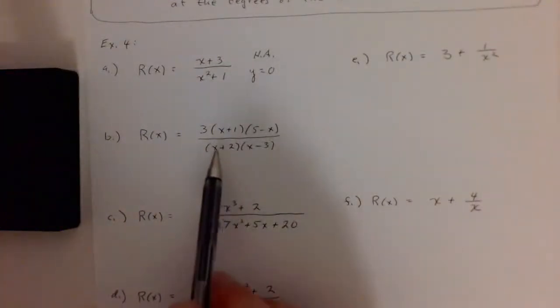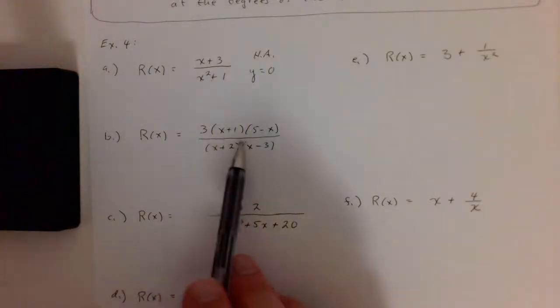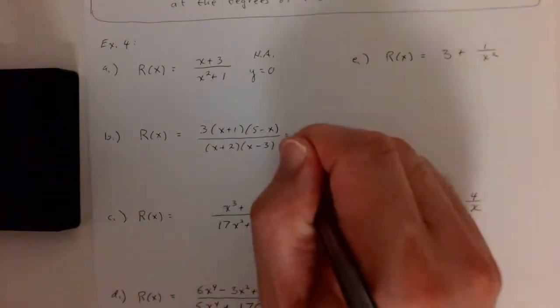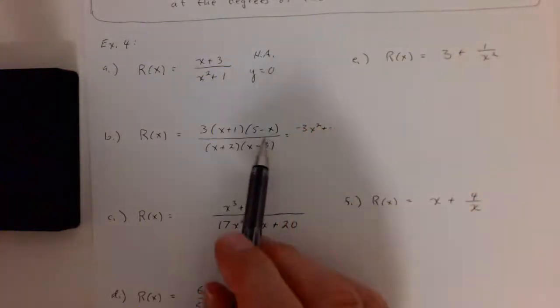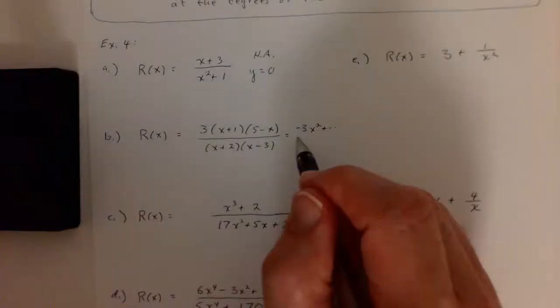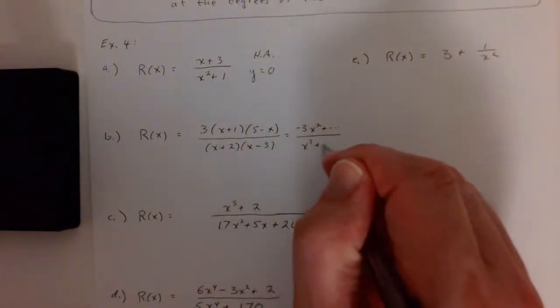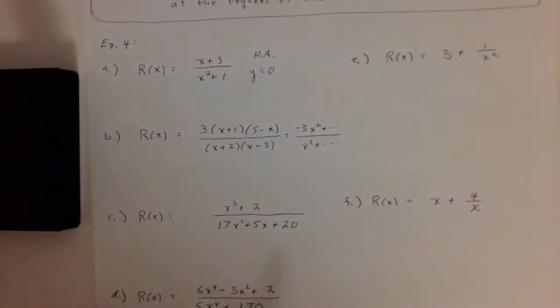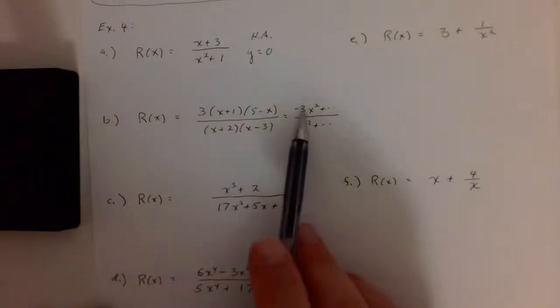Part B, I think we can see the degrees will be the same. If we were to multiply this out, this would be minus 3x squared plus some other terms because of the minus x here. And then if we multiply this out, we get x squared plus some other terms. So the degrees are the same. The leading coefficient up here is negative 3.